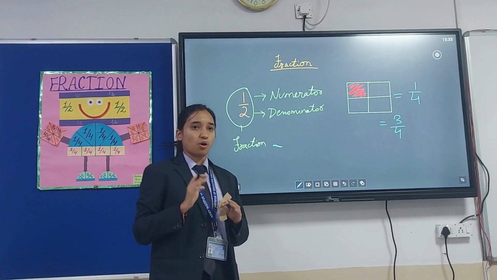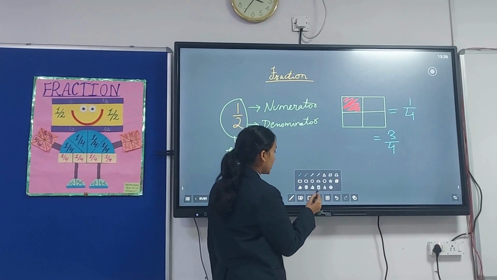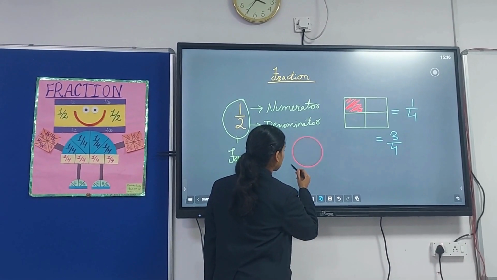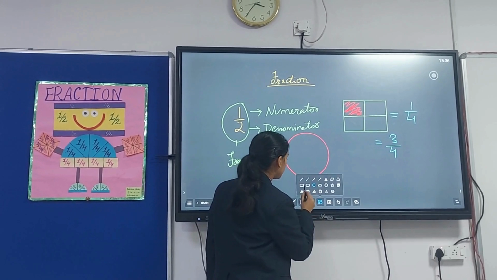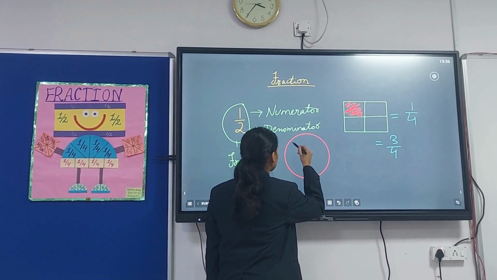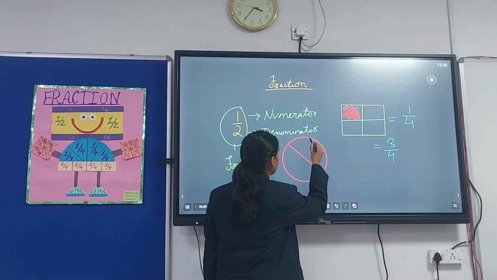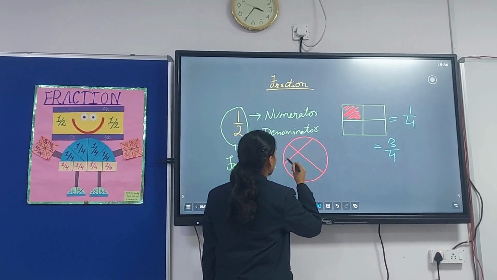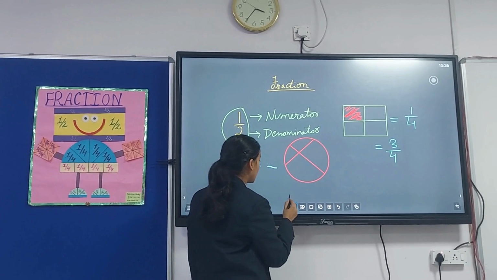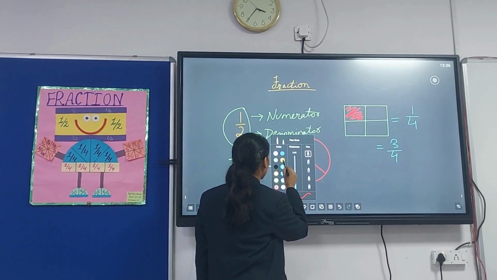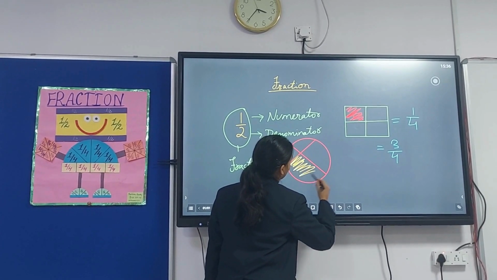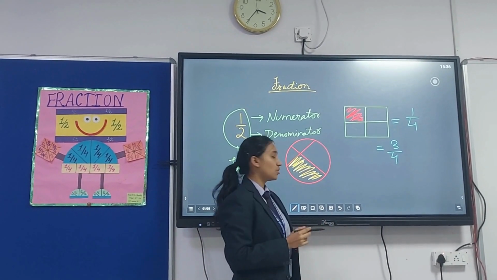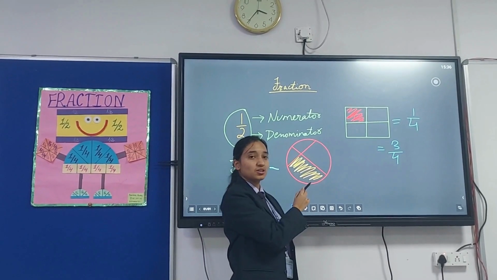So let's take a small quiz. Suppose I have a circle and I am dividing it into few parts. And I am shading one region. So what will be the fraction of this shaded region?